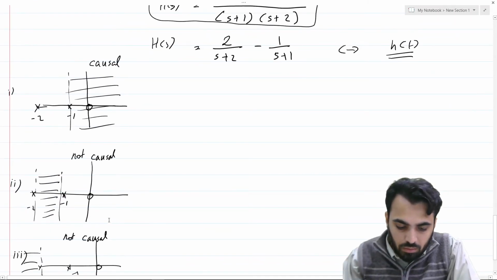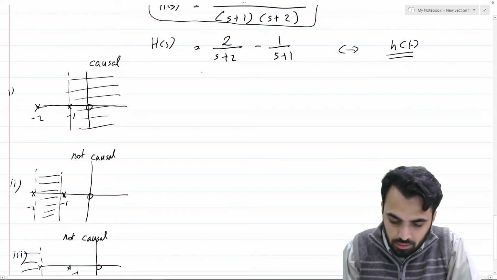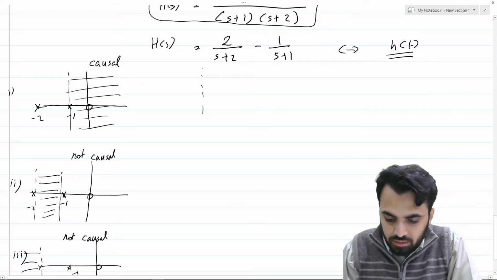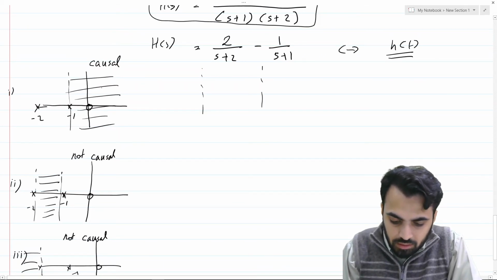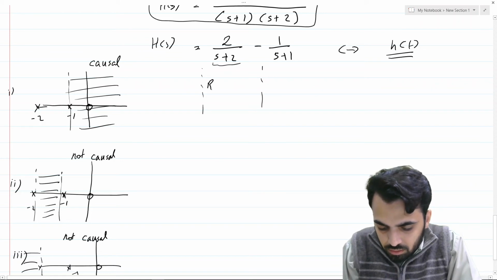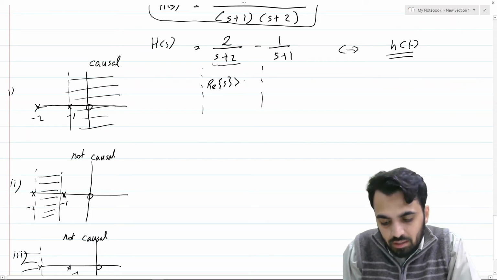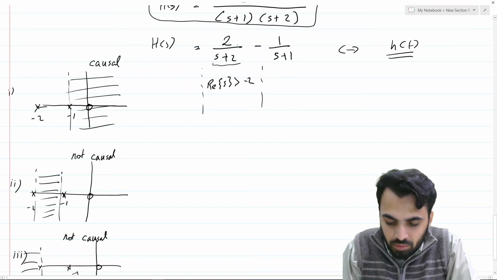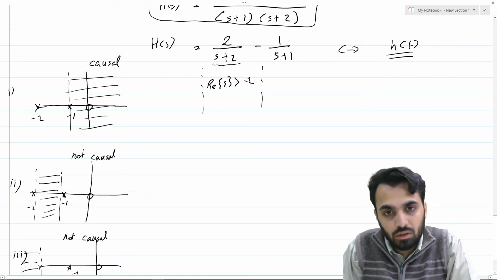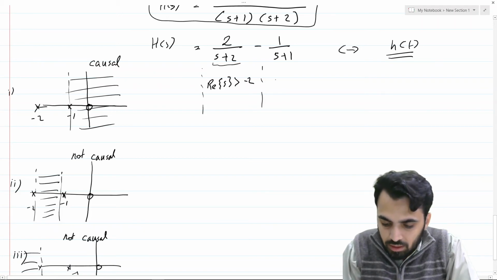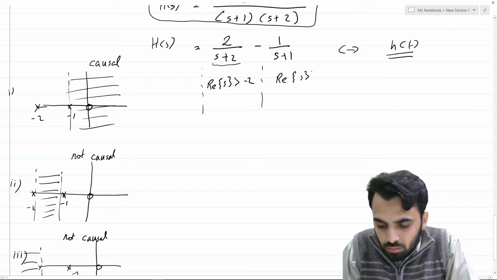So let us come back to the first case itself. In this case, the region of convergence should be greater than minus 2, because for this particular term the pole is at minus 2, so the ROC would be towards the right of minus 2, and for this the ROC would be towards the right of minus 1.